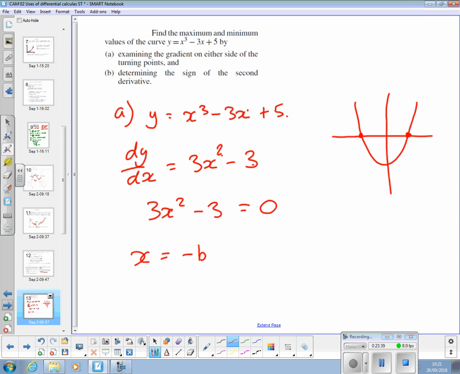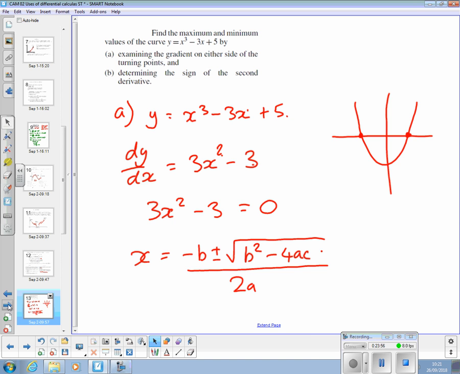x equals minus b plus or minus the square root of b squared minus 4ac, all over 2a. In this case, what does a equal?